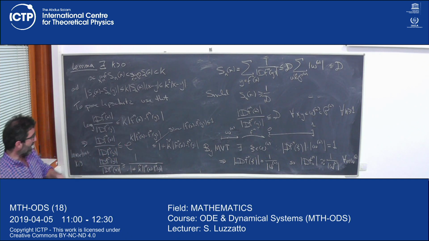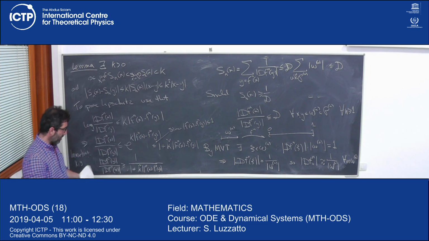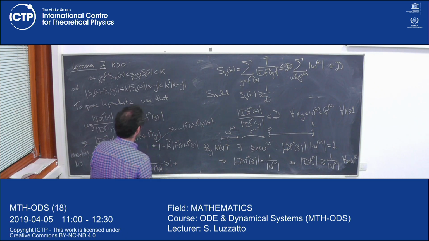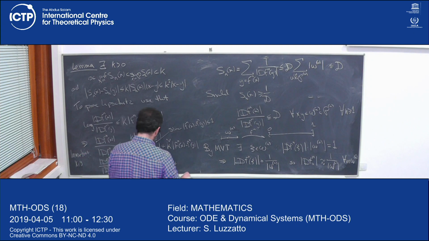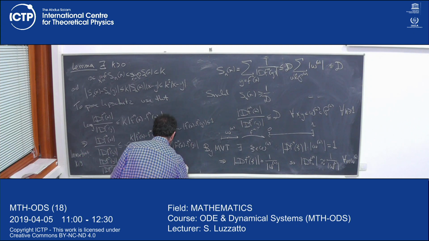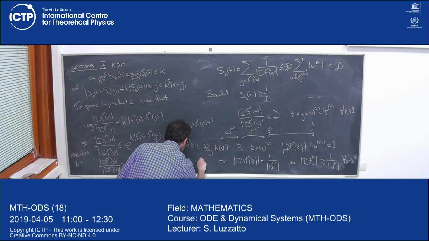Right? So directly from this, we just move everything to the opposite side, and this we can write as greater than or equal to 1 minus k double tilde fnx minus fny.